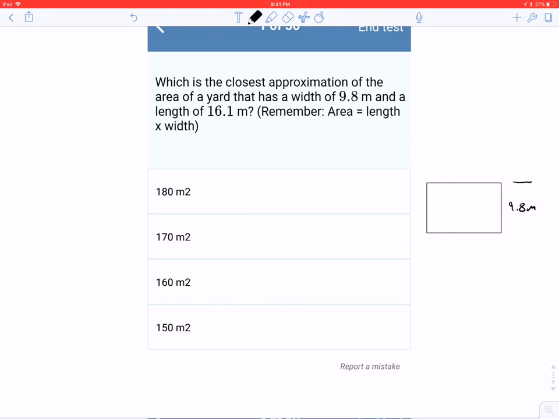We're going from here to here. And then it has a length of 16.1 meters from here to here.